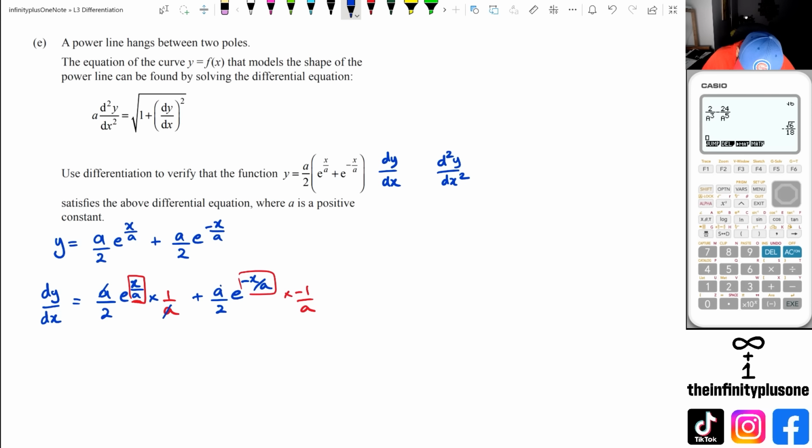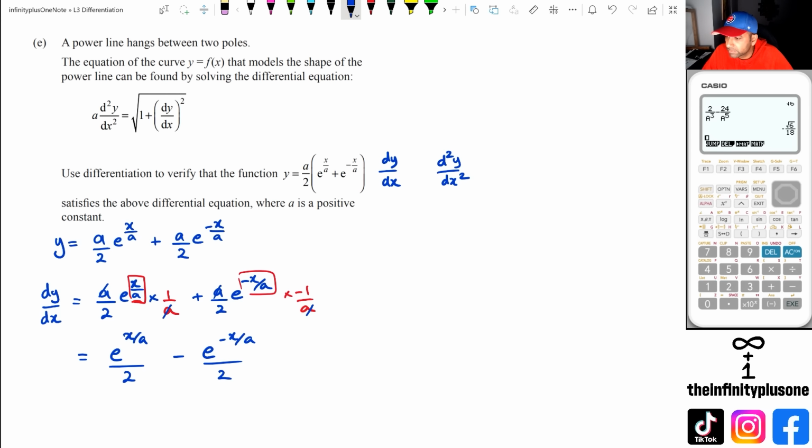Our two a's cancel out here, and what we're left with is e to the power of x over a over 2 minus e to the power of negative x over a over 2.